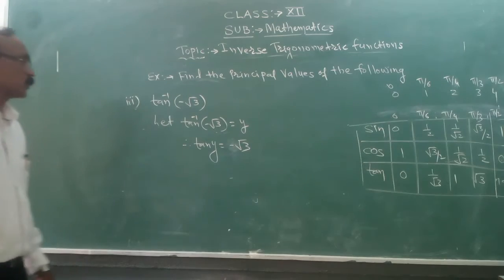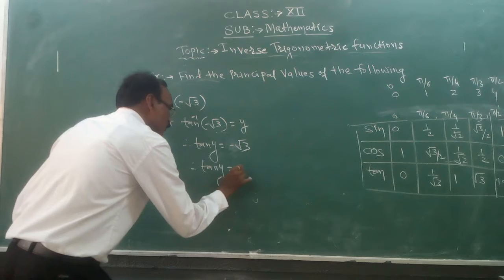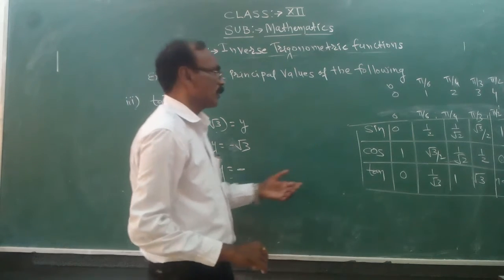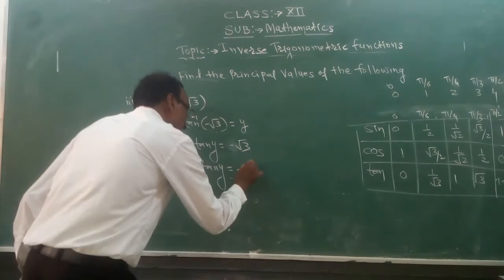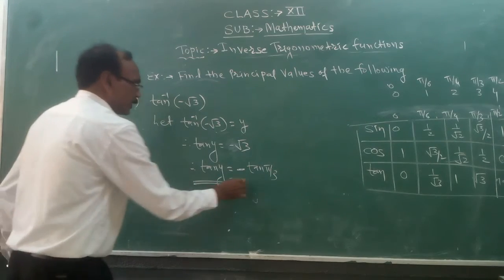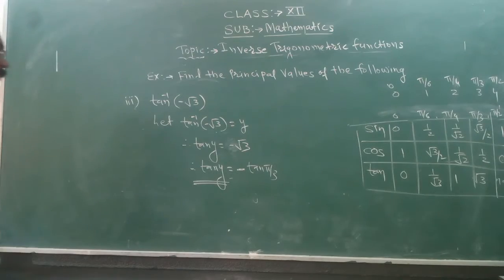When the value of tan is root 3, the angle is pi by 3, so write tan pi by 3. But that is positive and here it is negative, so take this minus sign inside the argument of the function.